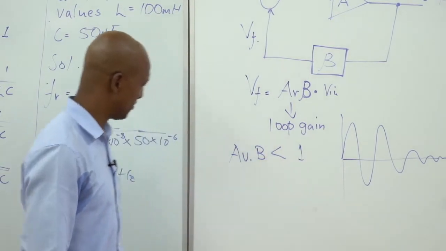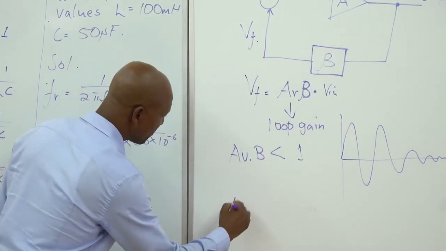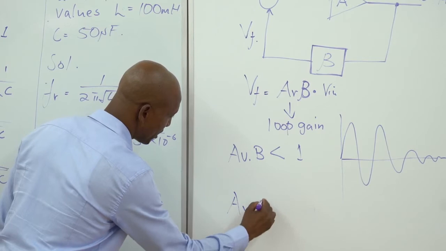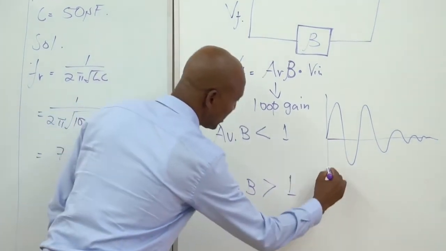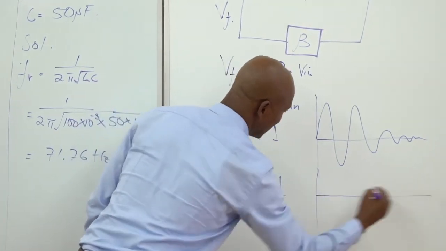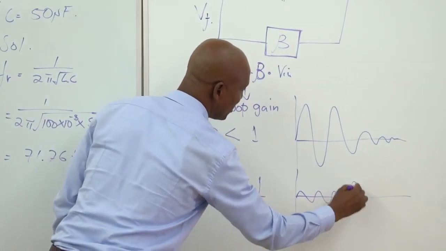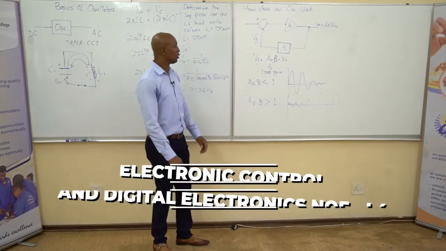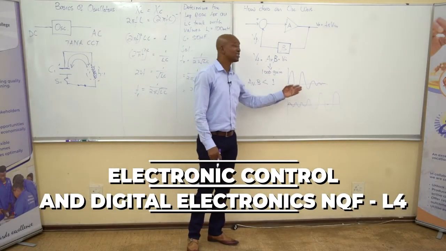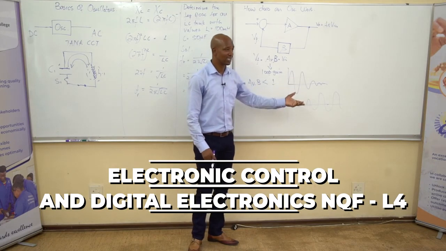That's one condition. What will happen if our loop gain is greater than 1? It simply tells us that our signal will start at a very low level and then tend to increase. So it is losing its oscillation as it continues to increase.